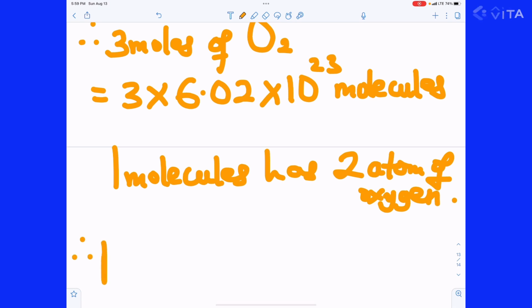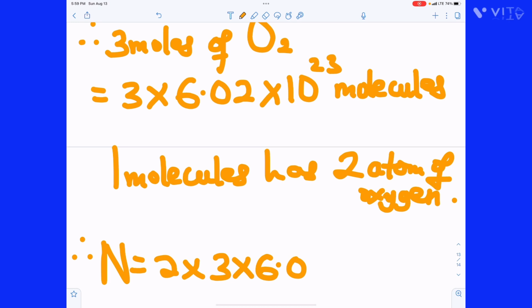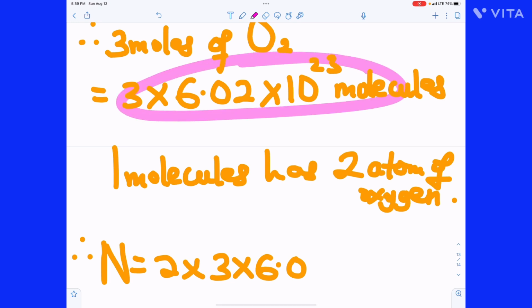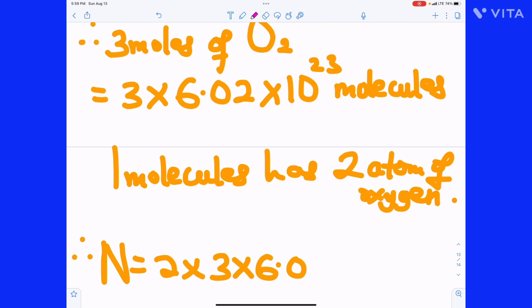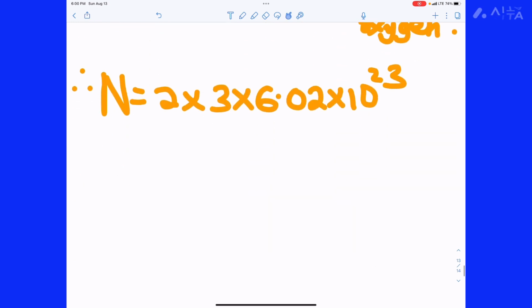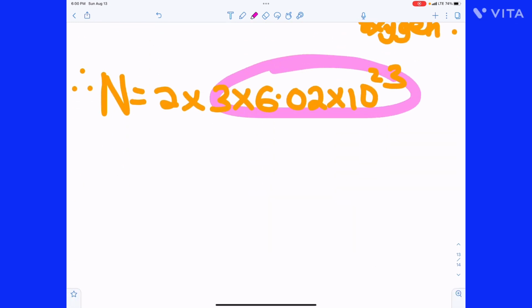Therefore, the number of atoms of oxygen will be 2 times the number of molecules you have. The number of molecules you have is 3 times 6.02 times 10 raised to power 23. So the number of atoms will be 2 times 3 times 6.02 times 10 raised to power 23. It's as simple as that. Get the number of molecules, multiply by 2 to get the number of atoms, because 1 molecule has 2 atoms of oxygen.